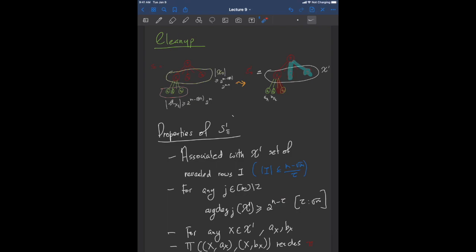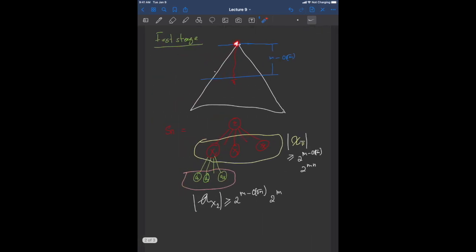And we had this additional thing that for every matrix X in X dash, we kept a vector for Alice and a vector for Bob. And we also observed from just the simple rectangular property of deterministic protocols that if you give x, a of x to Alice and x, b of x to Bob, it reaches the node pi. So if you start this protocol with an input of the form x, a of x given to Alice and x, b of x given to Bob, it would reach this point.